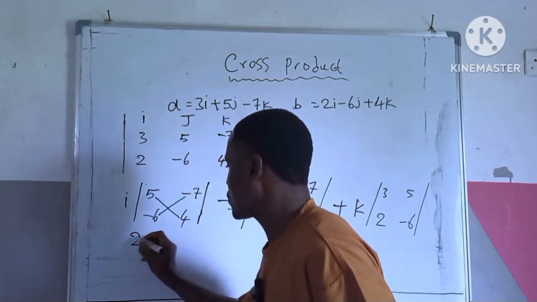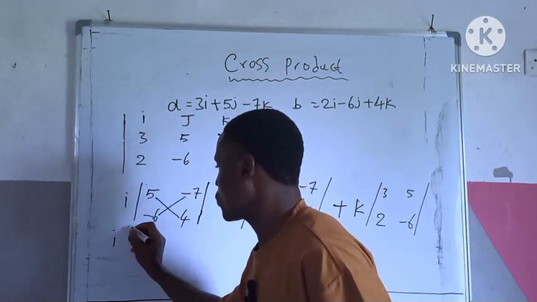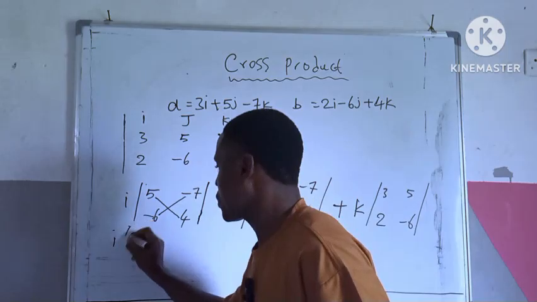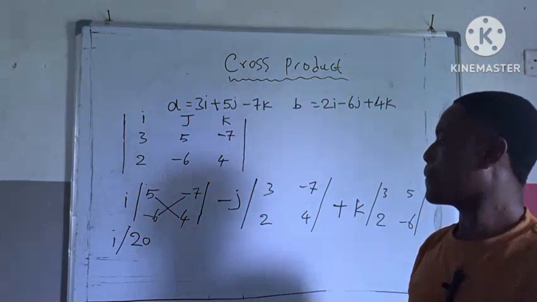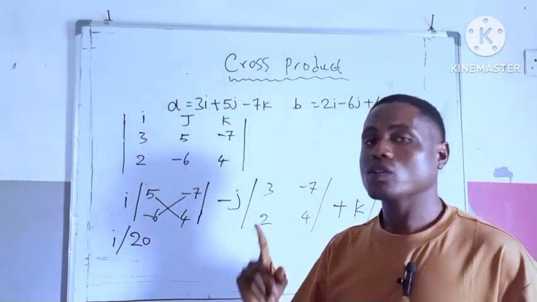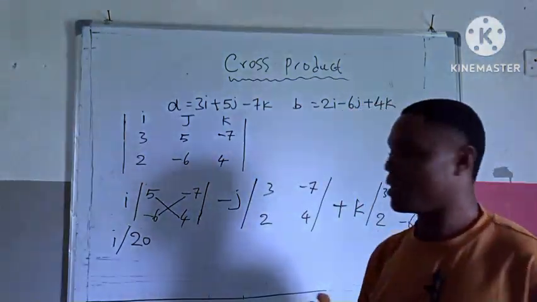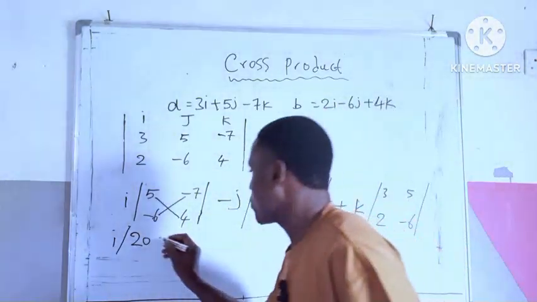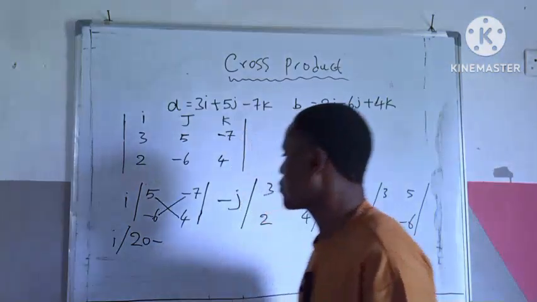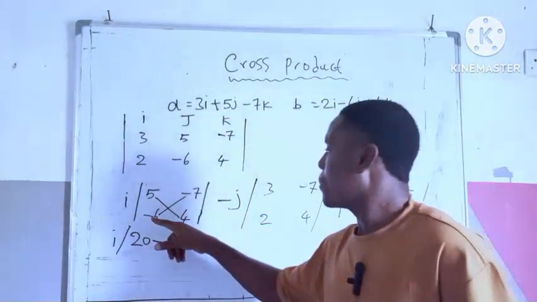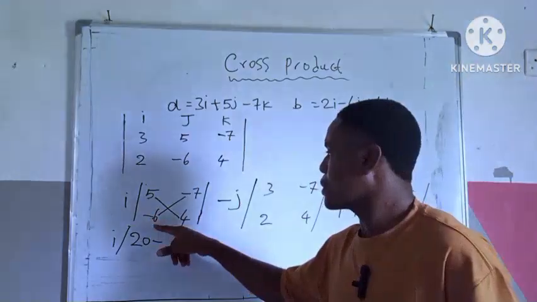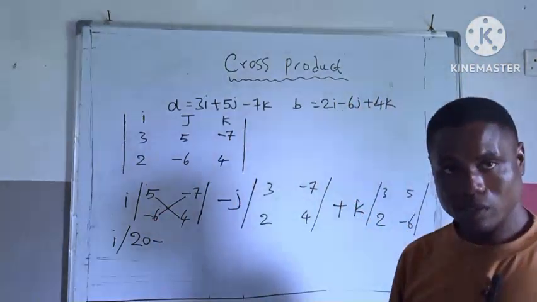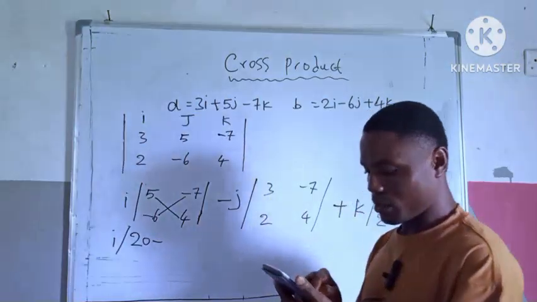20. You know we are solving for I. Then I said we multiply and minus. So minus. Then this minus 6 times minus 7 is what? Let's press together.